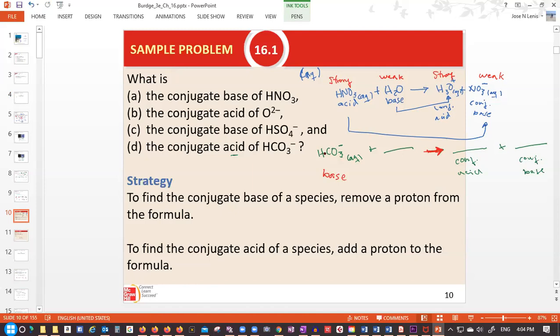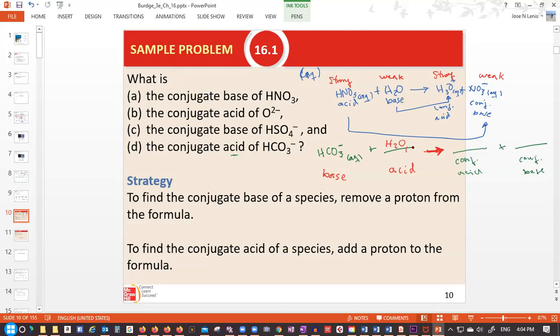According to Bronsted-Lowry, bases donate protons, so it's going to donate this to an acid, right? Because acids are proton acceptors. To whom? Water, because we are working in a water solution.